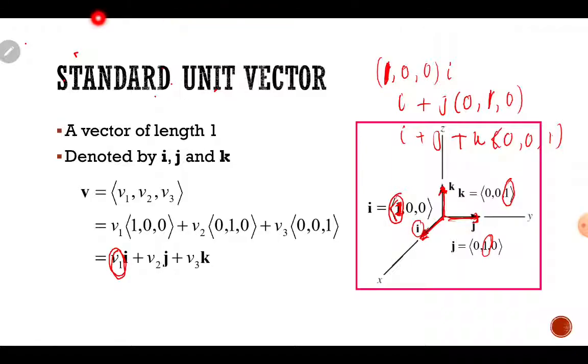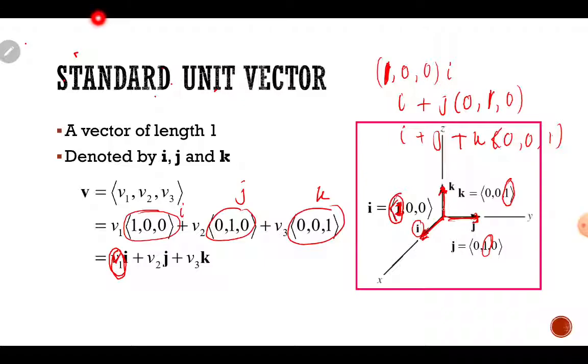But it's not necessarily always 1. It can be whatever number. So we denote this as V1 I plus V2 J plus V3 K. This one is represented by I, this one by J, this one by K.